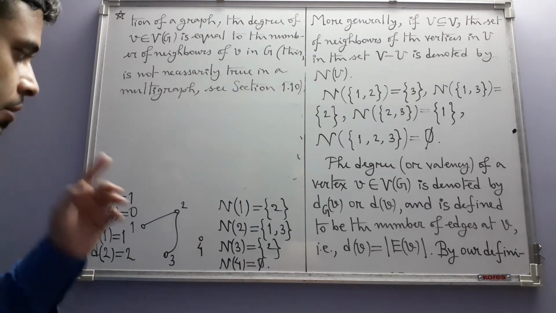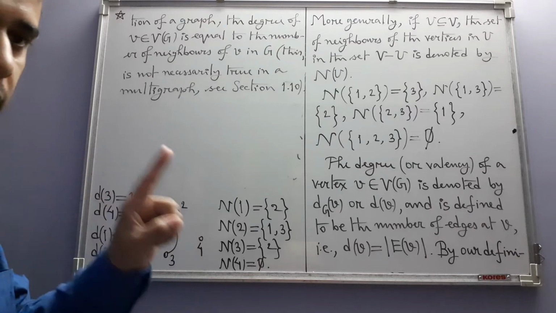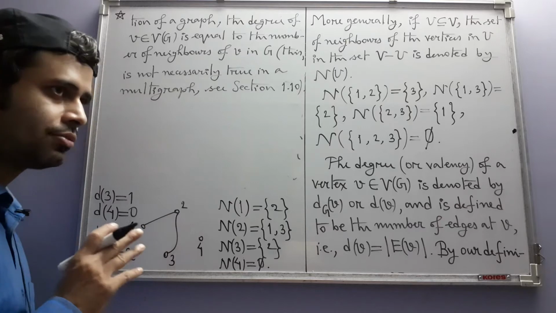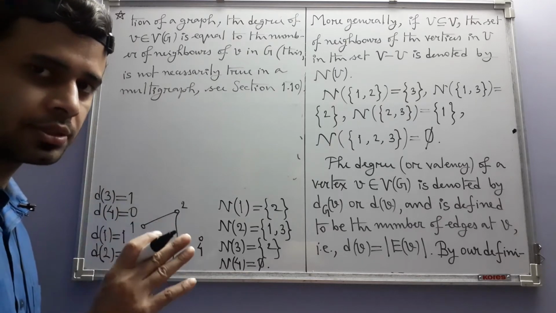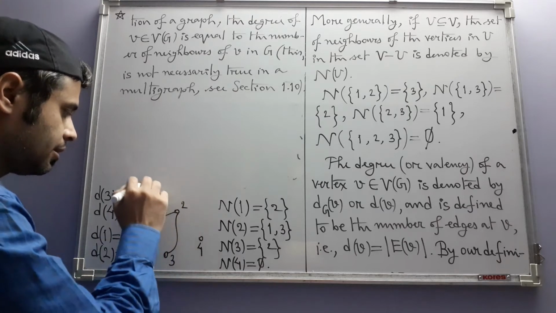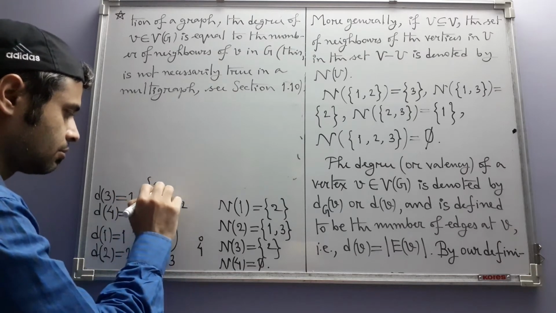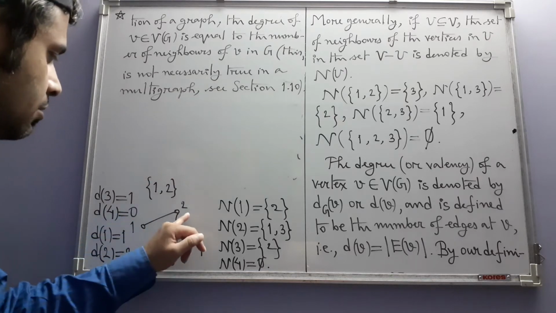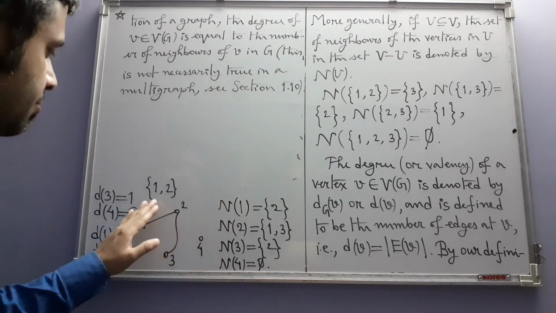Okay. Now, according to our definition of a graph, an edge in a graph is a two-element subset of the vertex set of the graph. So, an edge, for example, this edge looks like this. It's a two-element subset of the vertex set of the graph.